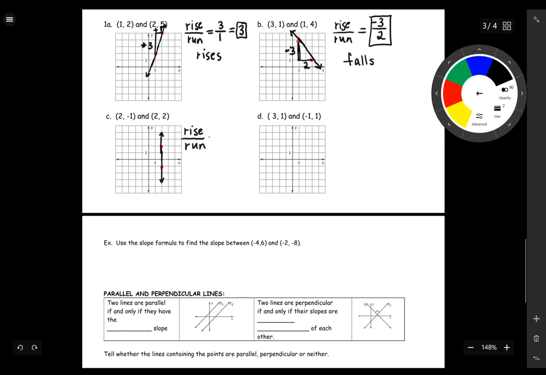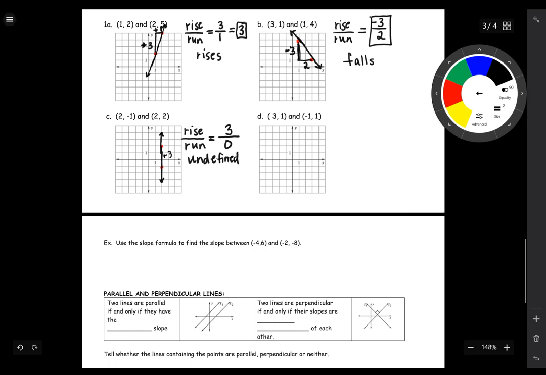Notice here, you're not running at all because the line keeps going up and down. So your run is 0. Doesn't matter what your rise is, but from either point, if we went up this way, we're going up +3. If we go the other way, we're going up -3. It doesn't matter what number's here. If the number is 0 in the denominator, remember, that's not good. That's undefined. So it's an undefined slope.